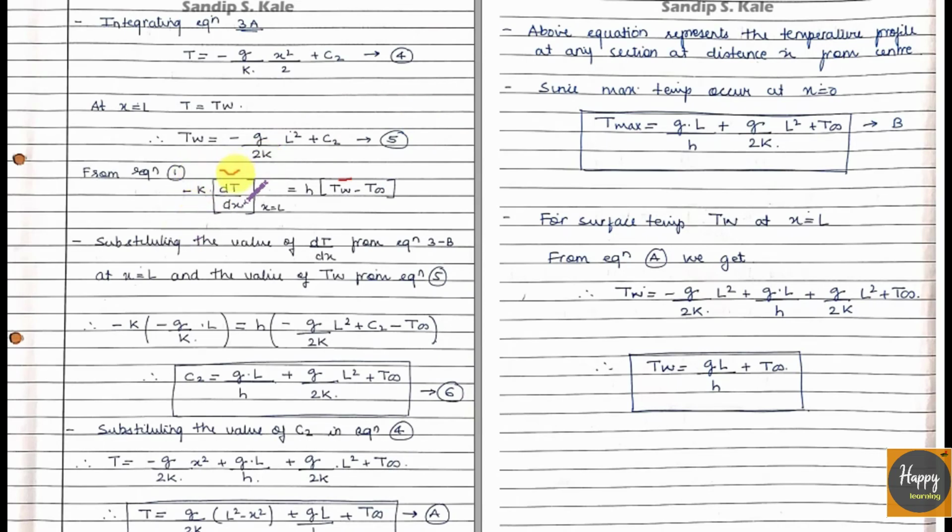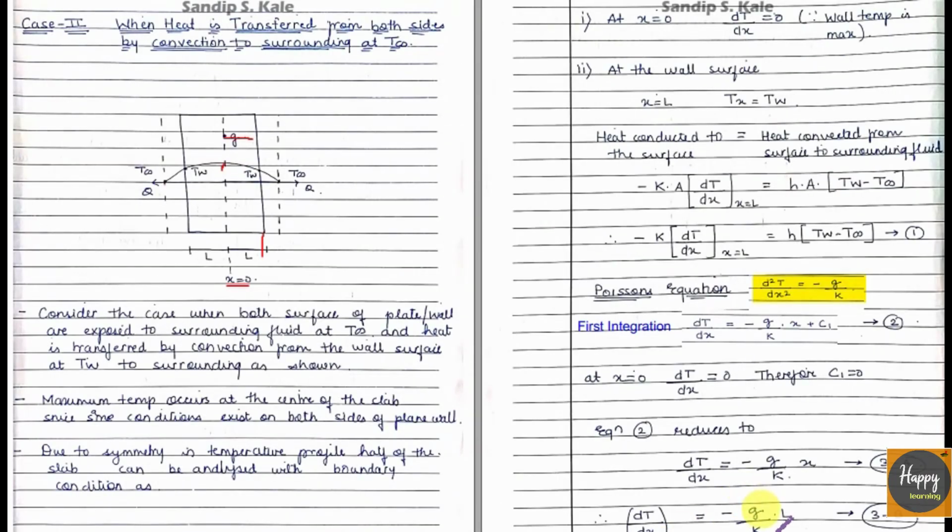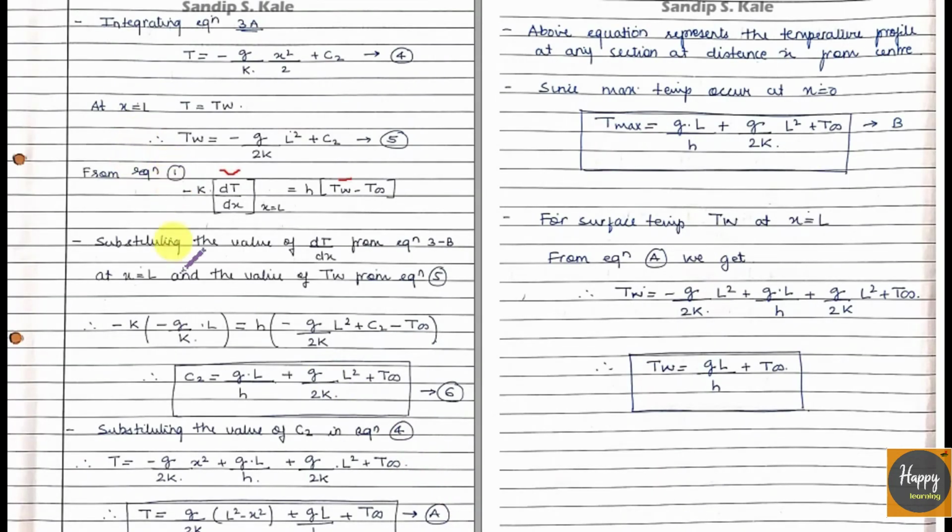Instead of dT/dx, we have found out -g/k into L. So I will substitute -k in bracket, -g/k into L, equal to h multiplied by, in bracket, TW (this value) minus T infinity. If we do the mathematical arrangement, you will get the value of C2. So here you have got the value of C2.